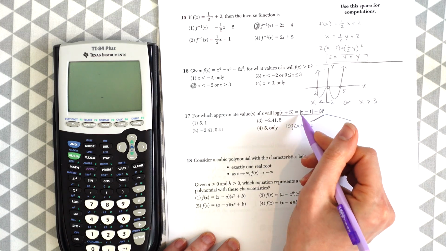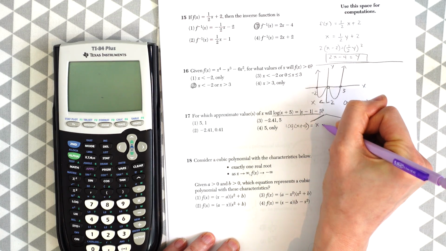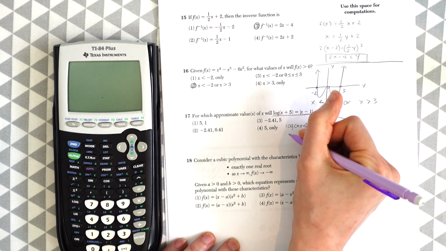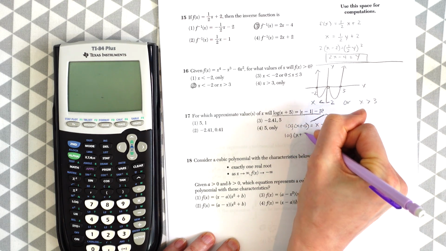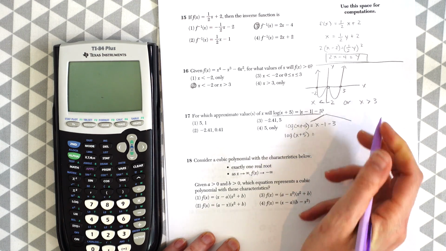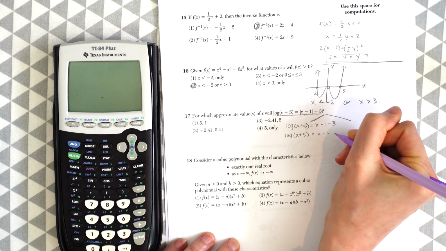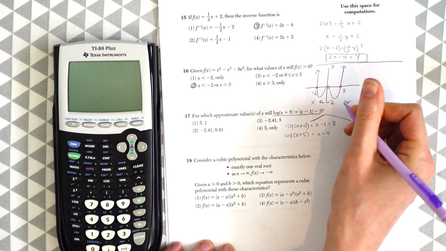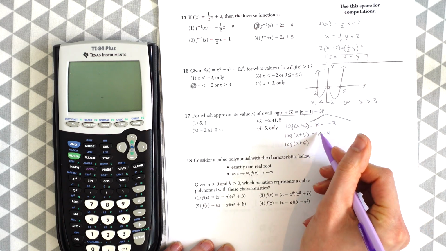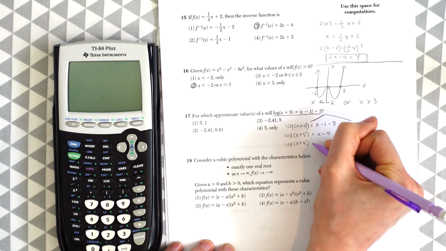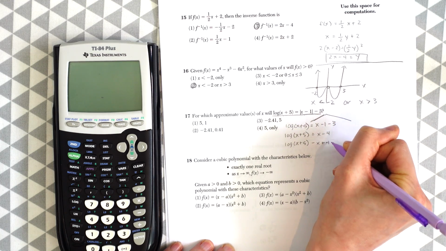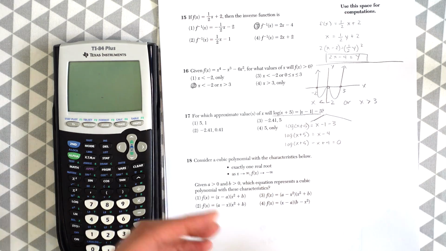And then this x minus 1, we can just leave it as it is, x minus 1 minus 3. And then we can just combine like terms. -1 minus 3 is x minus 4. And then if we move everything to one side, so we're going to move x minus 4 over, we'll get log of x plus 5 minus x plus 4 is equal to 0, or equal to y.